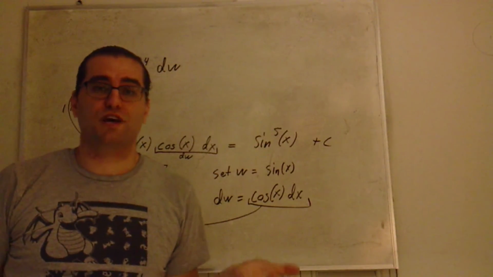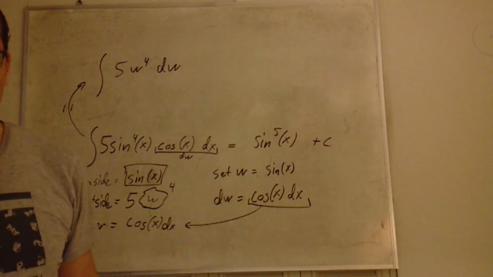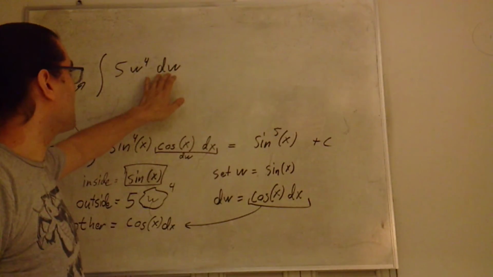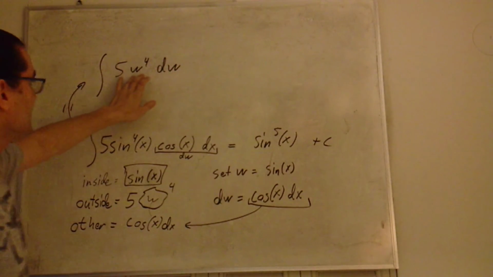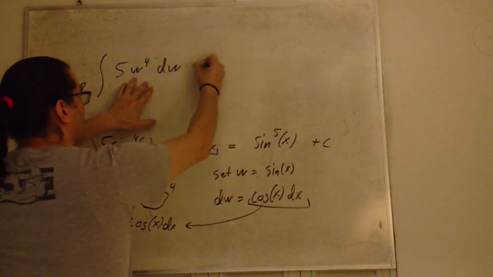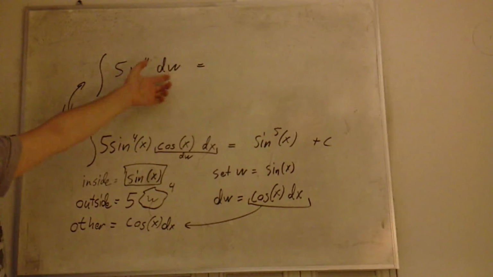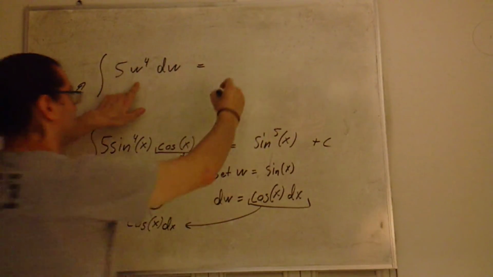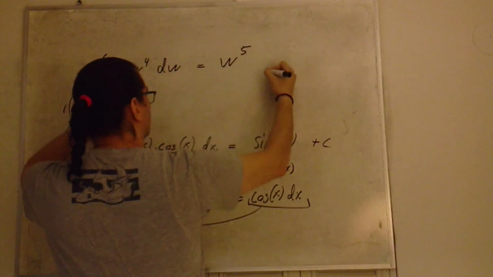That's where the cosine goes in that question I was trying to answer earlier. Cosine becomes part of the derivative of the inside function, which, when we integrate this with respect to w, is very clearly just w to the fifth, plus c.